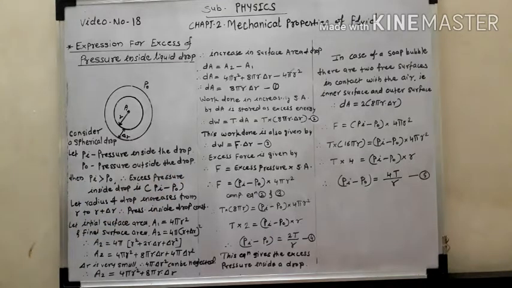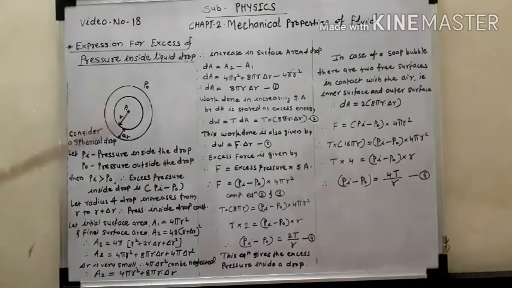Now the radius of the drop increases from R to R plus del R, and therefore the pressure inside the drop is always constant. Now we have to find the initial surface area.